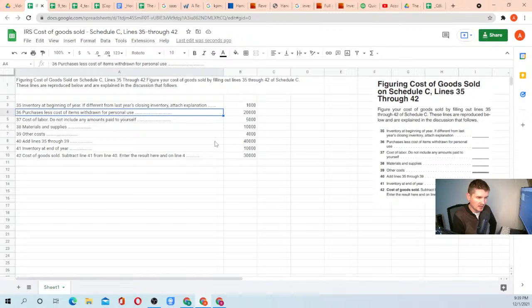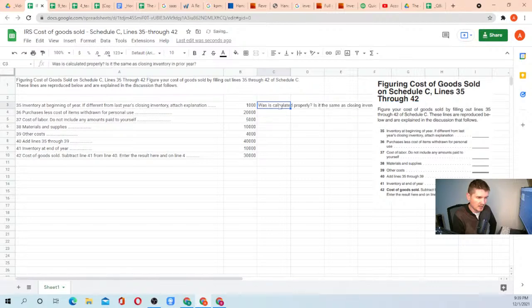And let's do a couple of challenging questions here. So what can we ask about the first number? Was it calculated properly? Is it the same as closing inventory in the prior year?